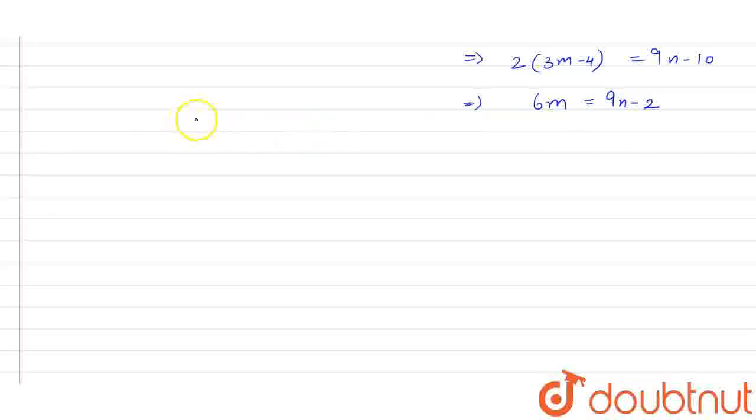Here m and n represent the x and y coordinates, so we'll simply replace m and n by x and y. So we'll get 6x is equal to 9y minus 2, right? Now we have got this equation.